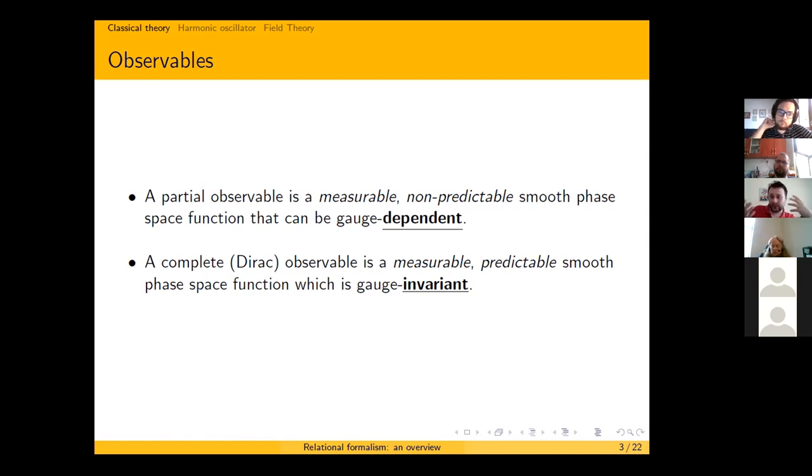Otherwise, we don't have a well-defined dynamics in general relativity. I mean, at least in the quantum gravity sector, for example. But this led to some problems, namely that so far we don't know any specific complete observable for general relativity.